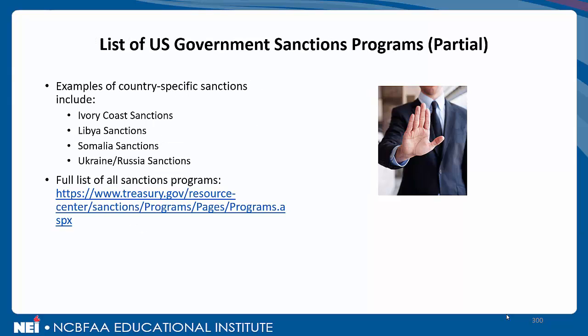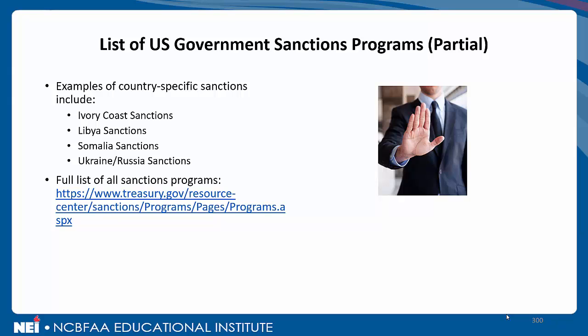Let's wrap up this section with a list of U.S. government sanctions programs, albeit a partial list. We'll be jumping into some examples from some of these countries as we move forward. But in our first bullet point, examples of country-specific sanctions include Ivory Coast sanctions, Libya, we talked about that already, Somalia, and as of the recording date of this module, Ukraine-Russia sanctions.